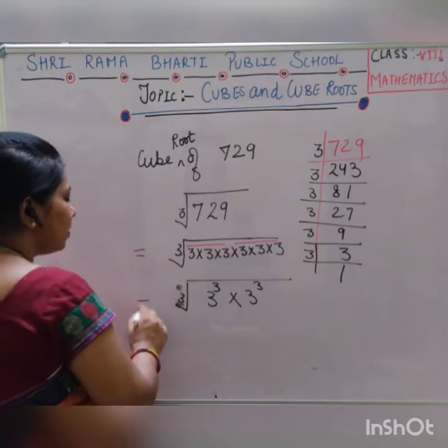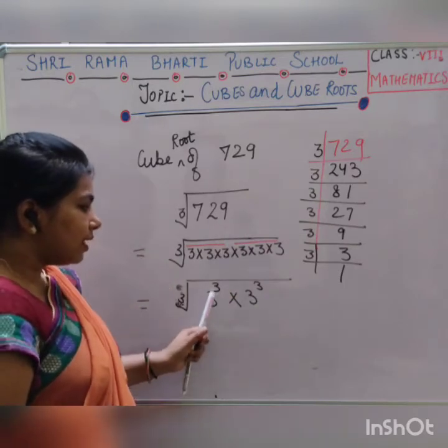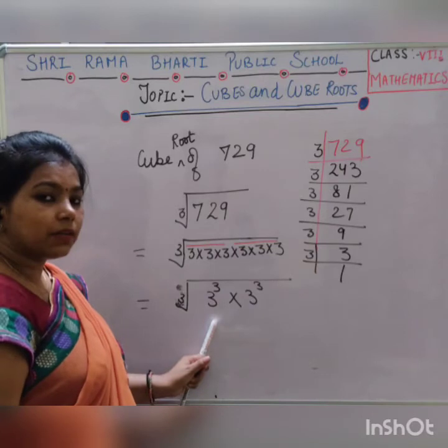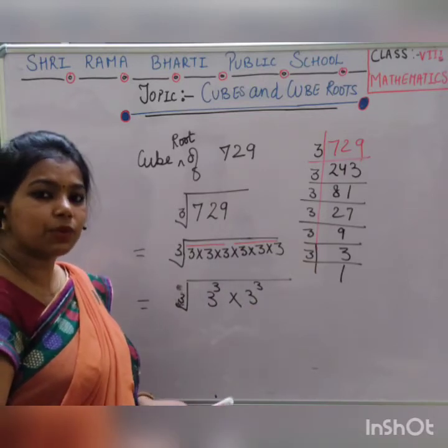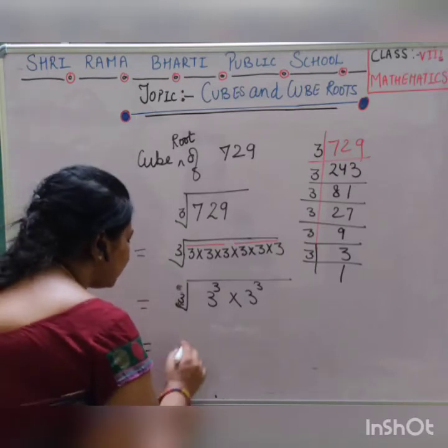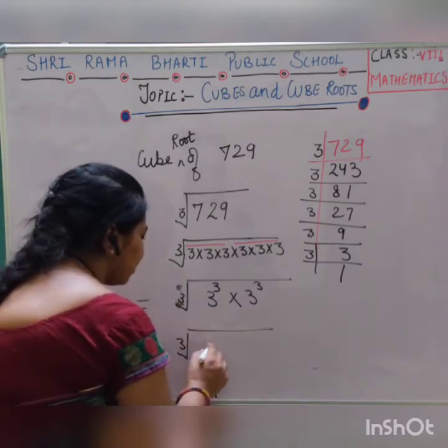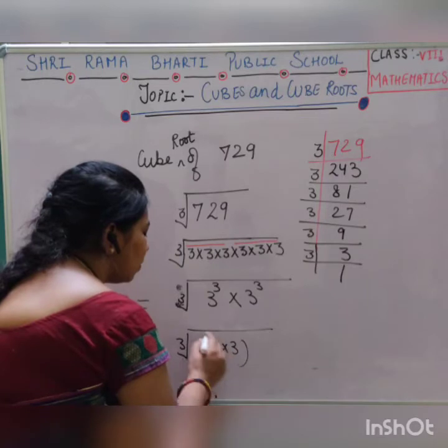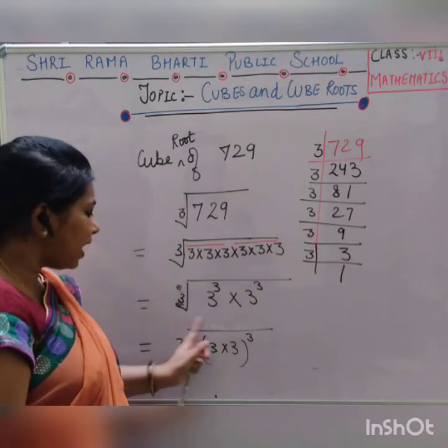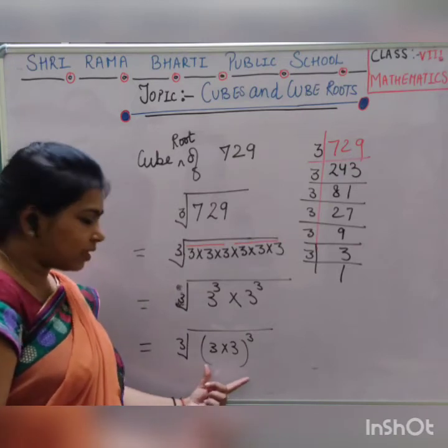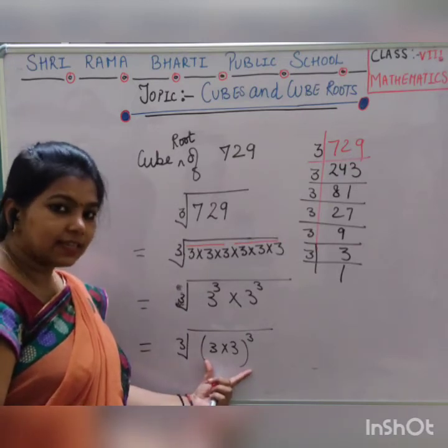Now, as we can see, in both numbers the power is the same, so we can take the power common as we have done in the exponents chapter. So let's do it: 3 multiply 3 whole raised to the power 3. The number which we have under the root symbol is the radicand, right?